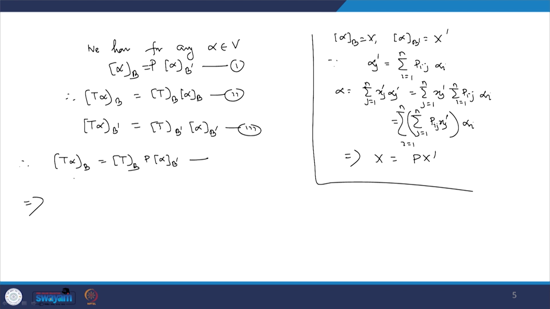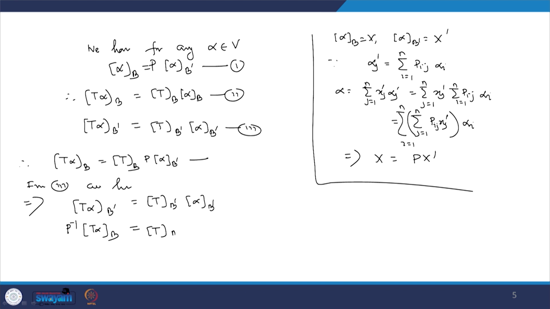This implies, from equation 3, the coordinate matrix of T alpha with respect to B prime equals the matrix of T with respect to B prime into the coordinate matrix of alpha B prime, but this is equal to P inverse times the coordinate matrix of T alpha with respect to B, and again the right hand side is equal to the matrix of T with respect to B prime and alpha B prime.